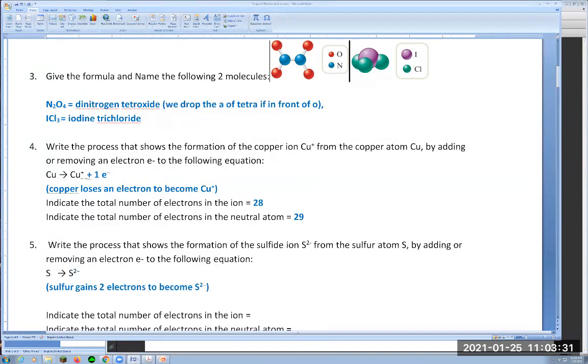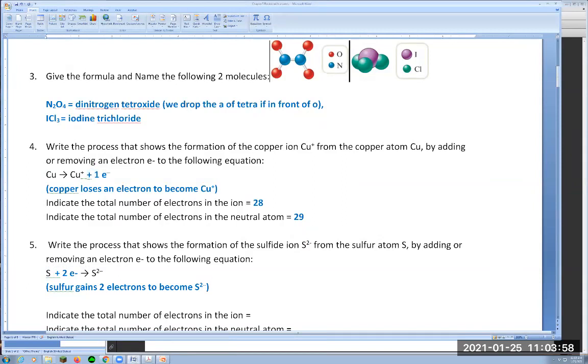So how do we show this? Here, those 2 electrons are already gained, so they have to be added on the left side this time. So plus 2 electrons this way. So notice how it's always plus electrons, but what matters is if you put it on the left side, like here, it's going to be added. And if you put it on the right side, like in the copper case, that means you removed it.